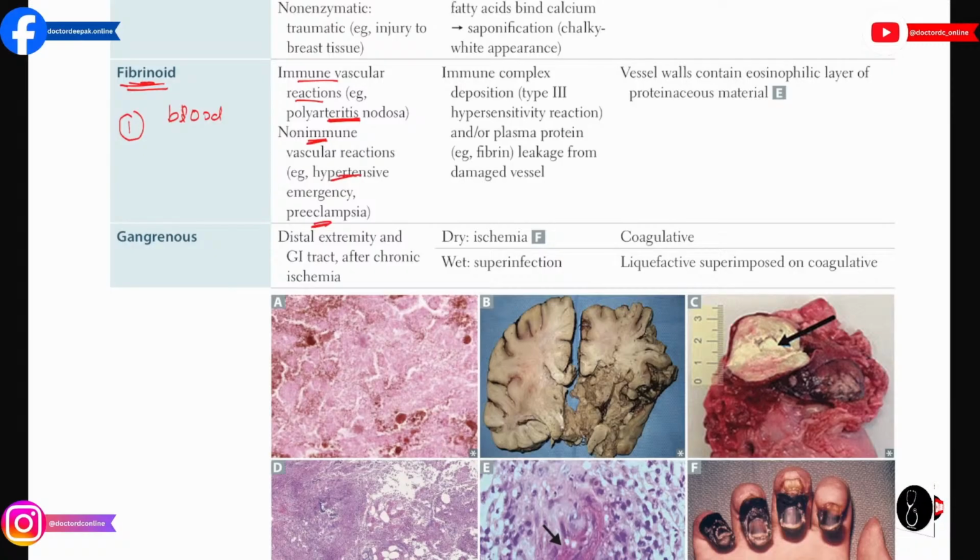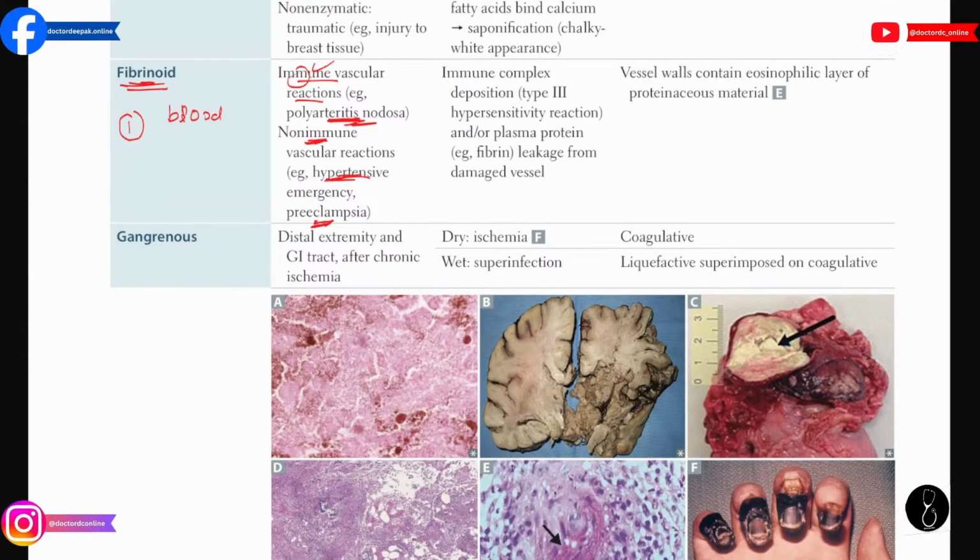You have studied in general and systemic pathology that hypertension is not due to the immune system; it is a non-immune disease. But fibrinoid necrosis can be seen in both. What is an example of immunovascular disease? Polyarteritis nodosa. What is an example of non-immunovascular disease? Hypertension and preeclampsia.